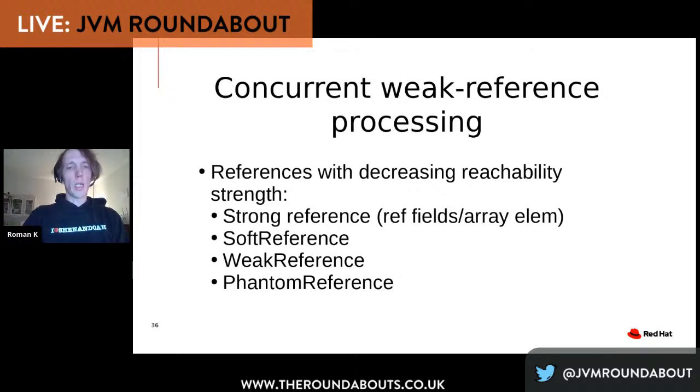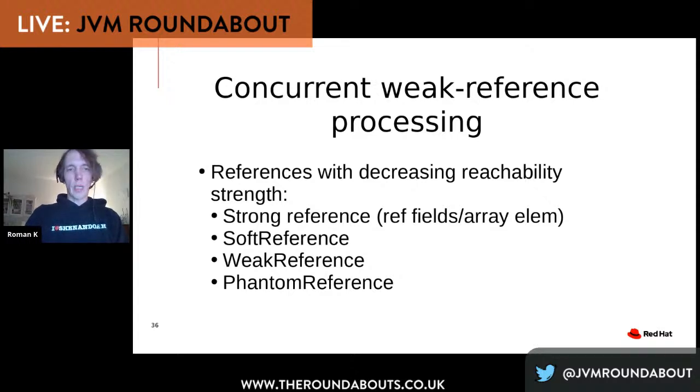Phantom references are a special type of reference which are used for cleanup purposes. The referent here is always inaccessible by the Java program, but the phantom reference will be processed only as soon as the referent becomes properly unreachable.